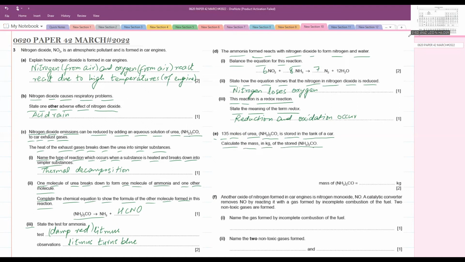The answer obtained is in grams, so divide by 1000 to get the answer in kilograms. Mr of urea is 60, 135 multiplied by 60. Divide the answer by 1000. You get 8.1 kilograms.